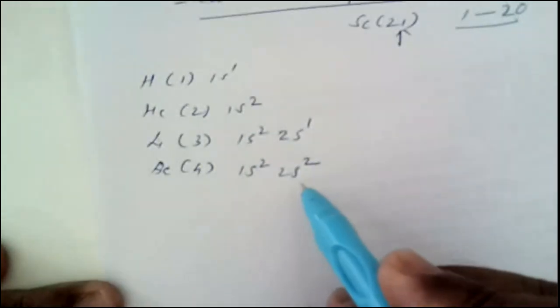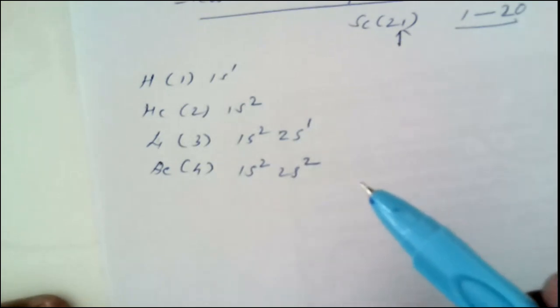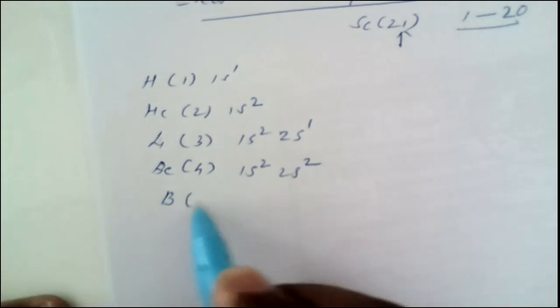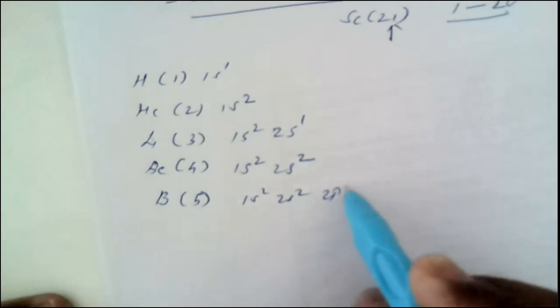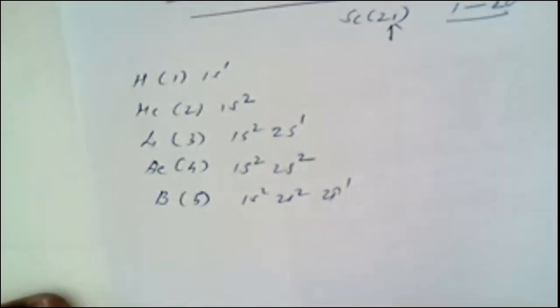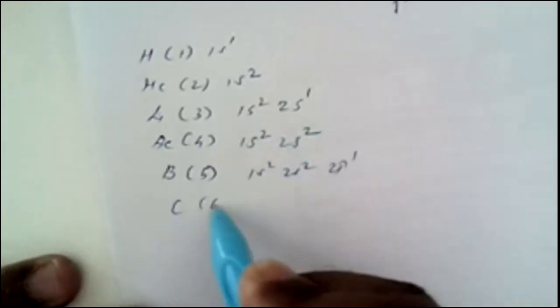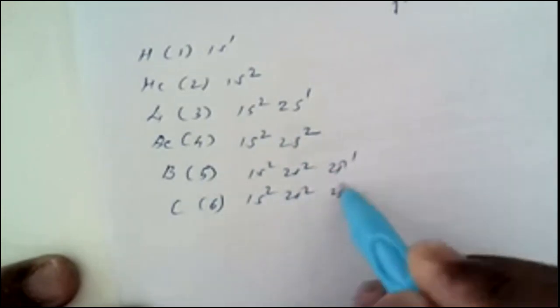Now, after the 2s orbital is completely filled, the next choice for the incoming electron will be 2p. So atomic number 5, boron, electronic configuration 1s2, 2s2 and 2p1. Then atomic number 6, carbon, electronic configuration 1s2, 2s2 and 2p2.